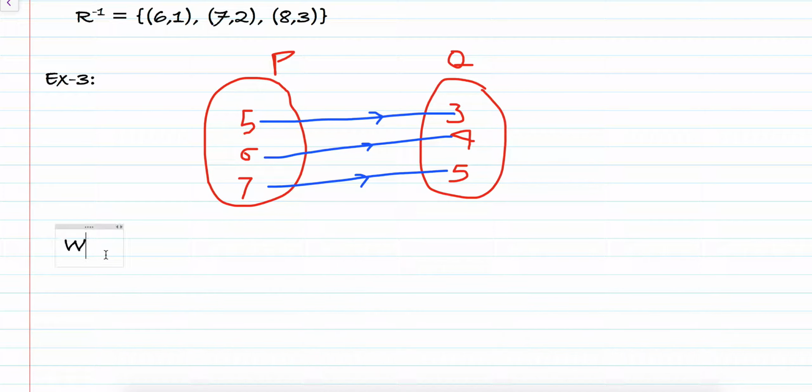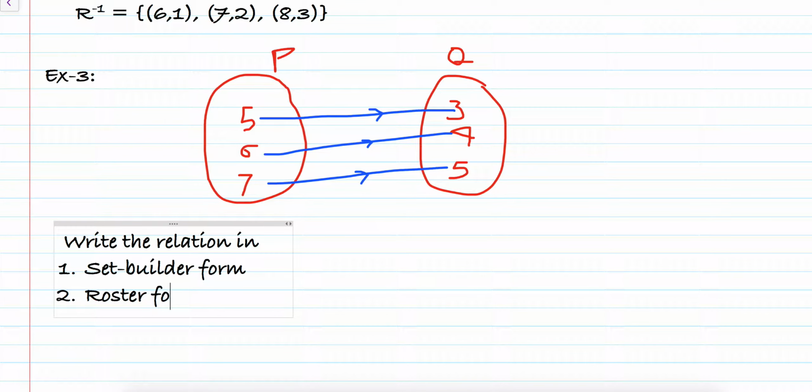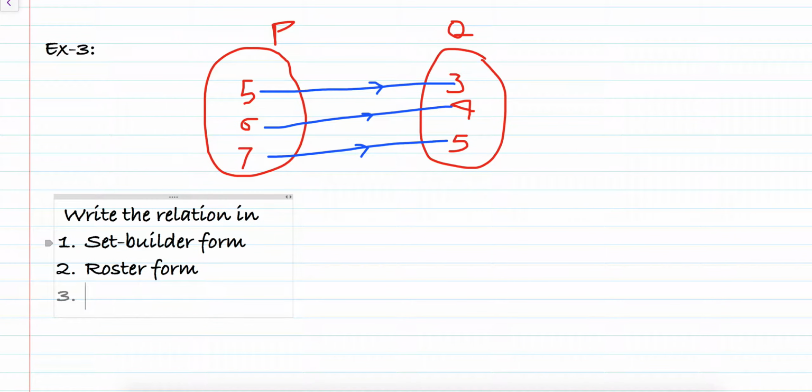So we have to find what's the relation. First we have to write the relation in one set builder form, second roster form, then find domain and range.